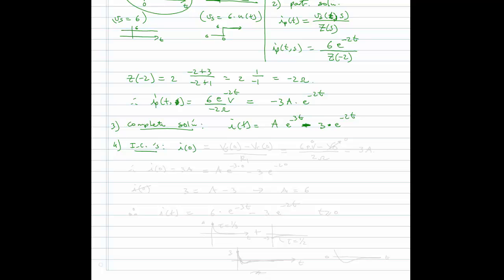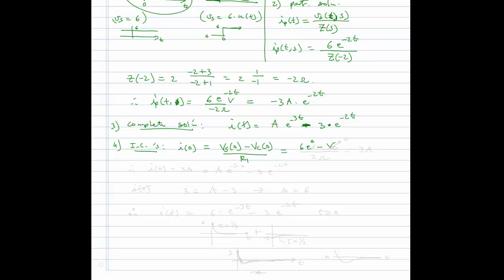I at time 0 is going to be equal to Vs at time 0 minus Vc at time 0 divided by R1. That's 6 e to the 0, minus the initial capacitor voltage.